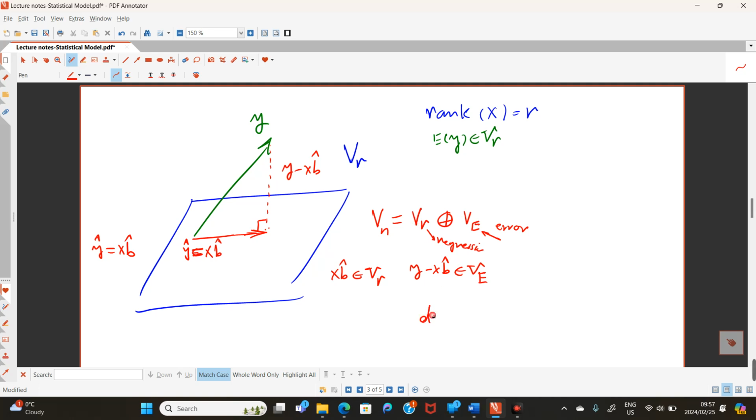So since the dimension of VR, we assume already, is equal to R, the dimension of VE is equal to the dimension of Vn minus the dimension of VR, so it is equal to n minus R. And that's why when you consider any vector or any linear function, the degrees of freedom is equal to n minus R. And this is very interesting.